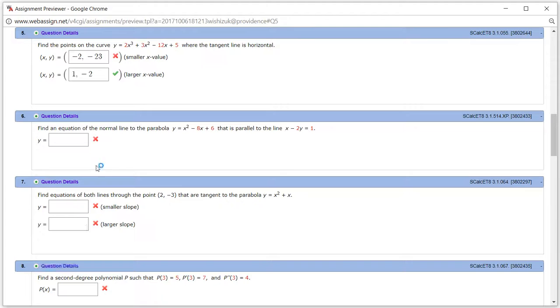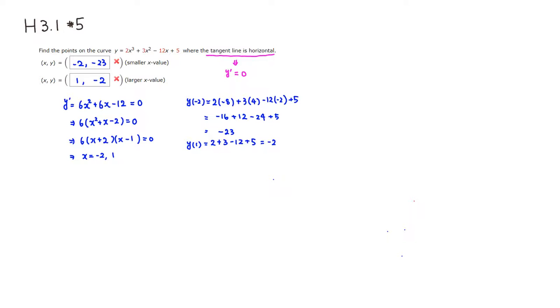I came back and it looks like I messed up a computation. Let's go back. So that's negative 16, that's right, and that's going to be 12. Oh, this is going to be plus 24, sorry about that.